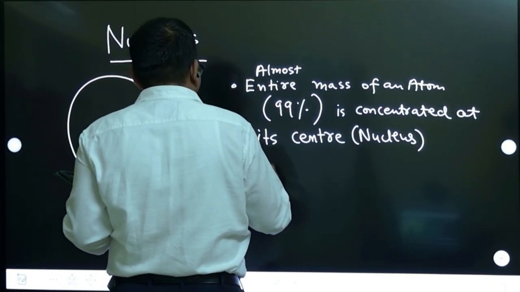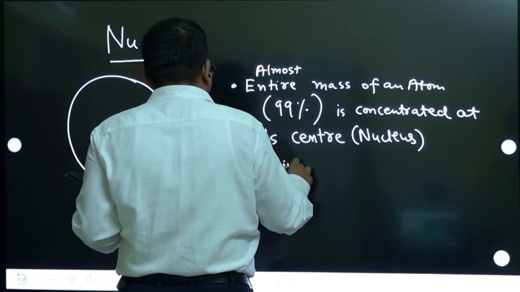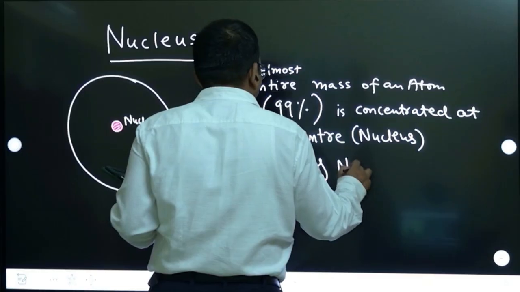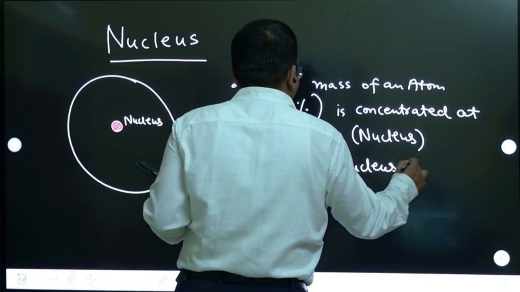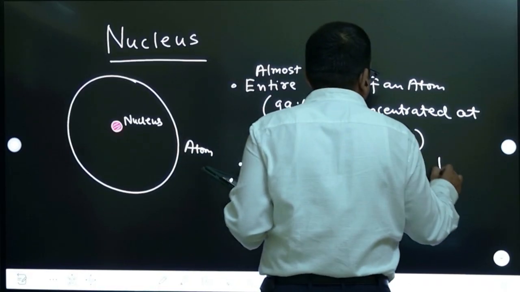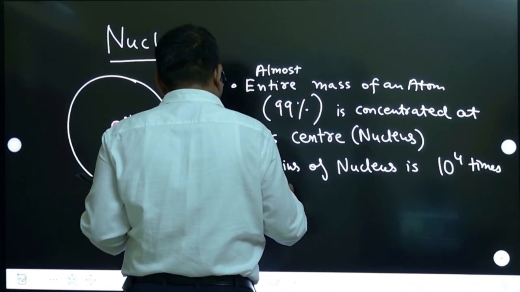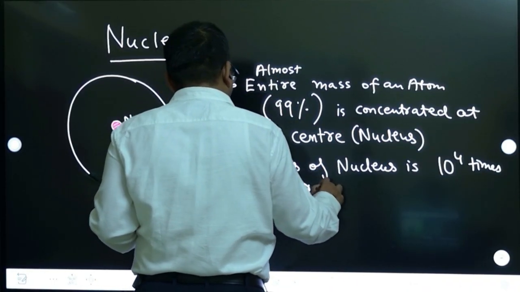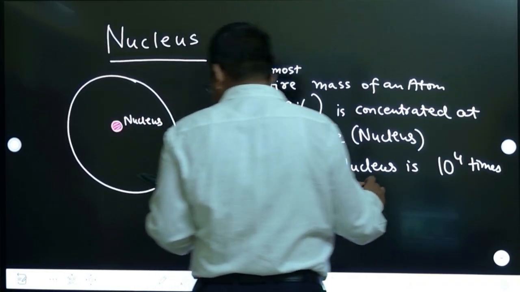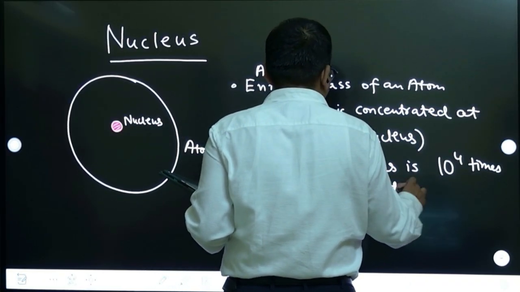And the radius of the nucleus is 10 to the power 4 times smaller than that of the atom.